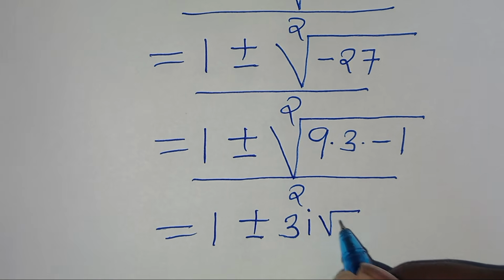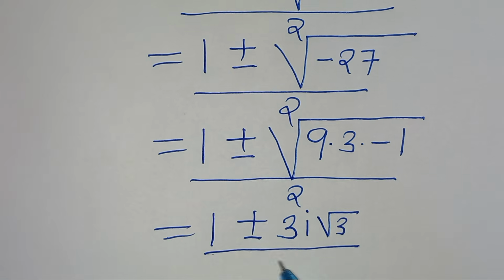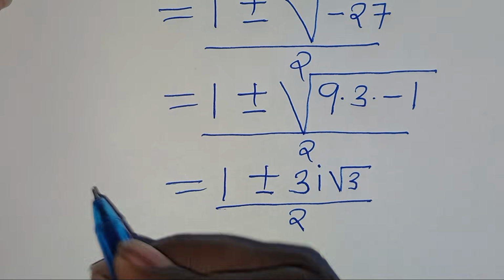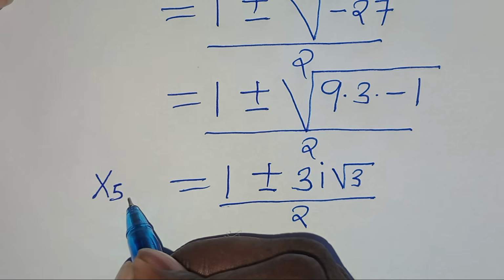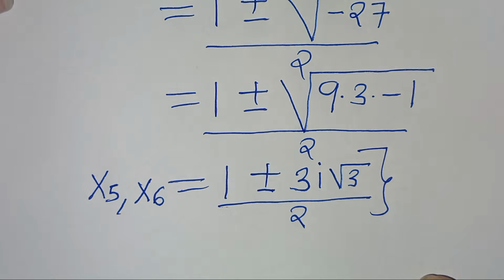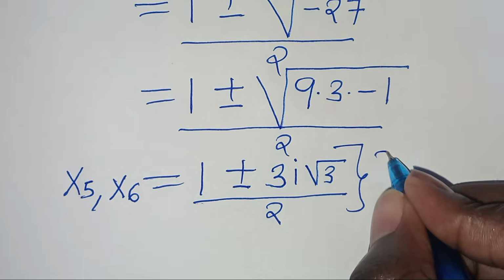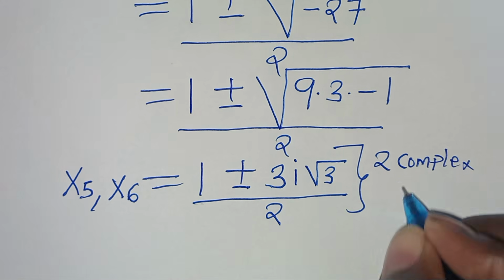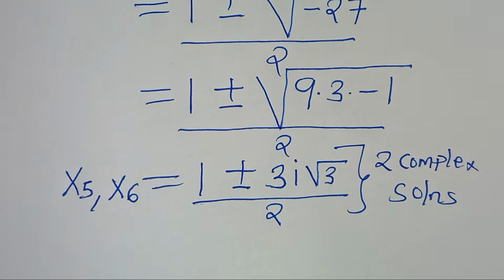Then square root of 3. Everything here divided by 2. So you find that this is x5, x6. So these are two complex solutions under case 2.